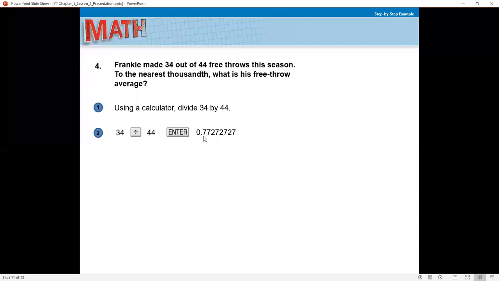And we get 0.77272727. Notice that it's not one digit repeating here, but 2. To the nearest thousandth, here's our tenths, hundredths, thousandths. So we look at the digit next to the thousandths place. That 7 says round up. So they rounded up to 0.773.